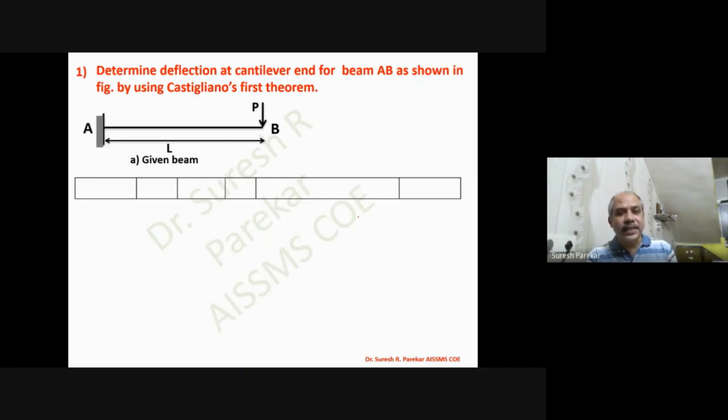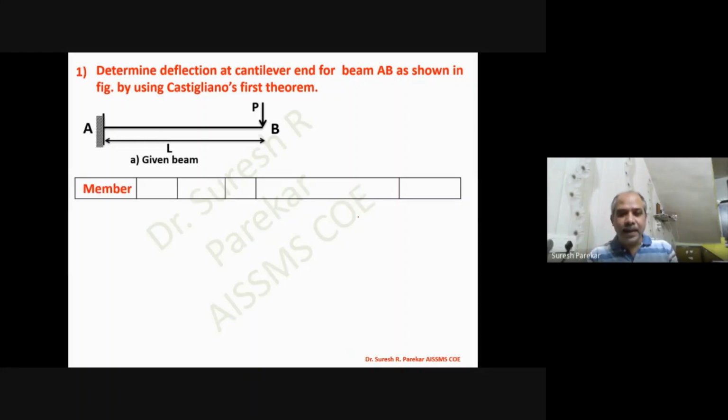As you have seen in Castigliano's second theorem, we have the same format of the table. The only change is that there we had delta U by delta R, the partial derivative with respect to redundant, which gives us a minimum value, and here we get delta U by delta P as delta.